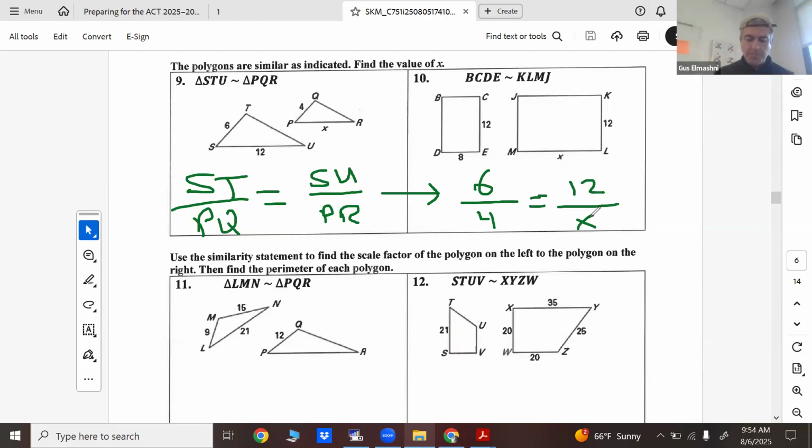Solve for X now. Don't you get X? What do you guys get?